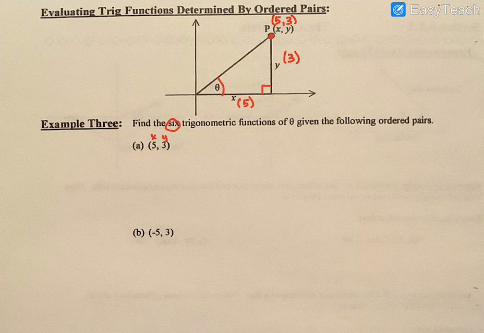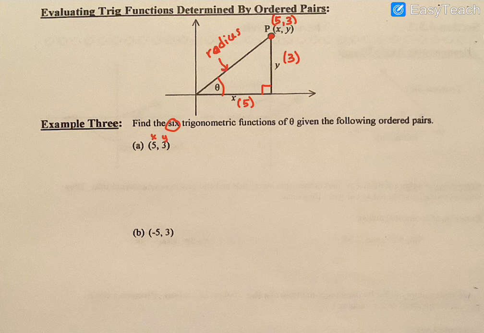To proceed with this problem, we need to find the hypotenuse of our right triangle. As we talk about the unit circle, another way to think about the hypotenuse is as the radius. So this is also the radius of the circle.